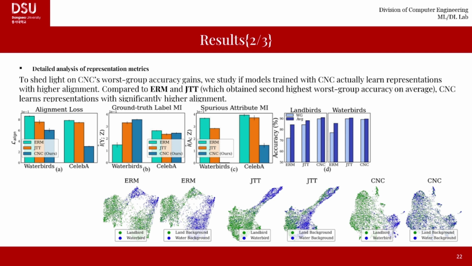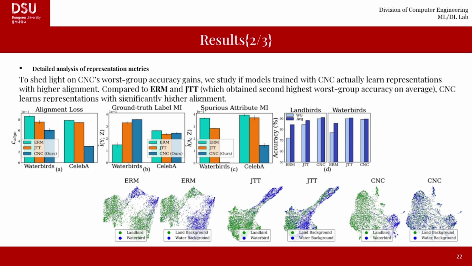If we see these two graphical views, in the first graphical view is the model alignment loss, which is A, and the mutual information, this is B, and C is the mutual information after the training of ERM, SSL and CNC. CNC most effectively reduces the spurious attribute dependence, and we obtain similar graphs for the per-class worst group versus the average group, which is mentioned in D, and this is supported by the theorem.